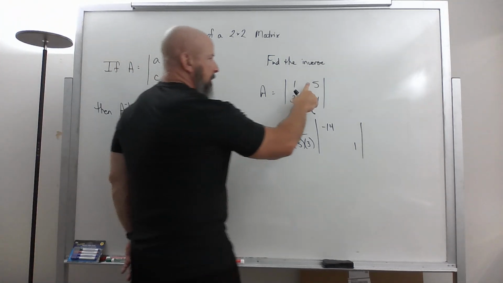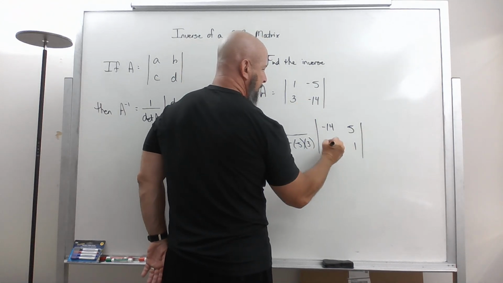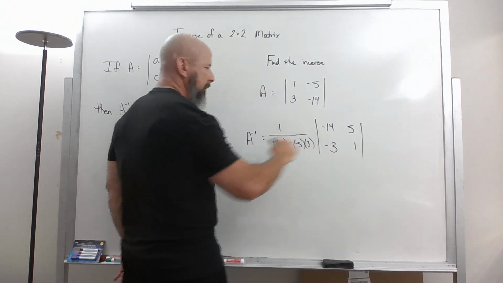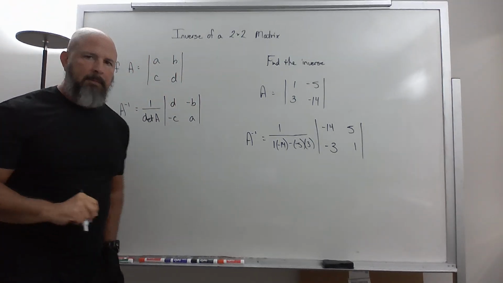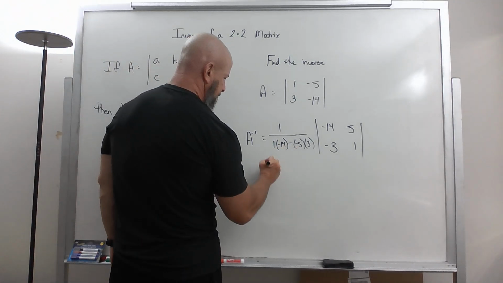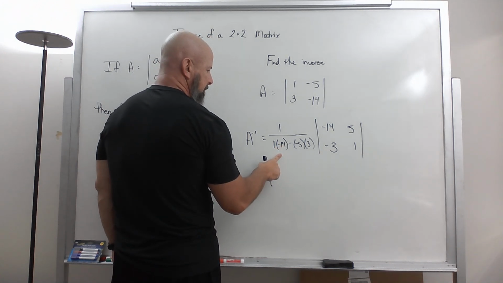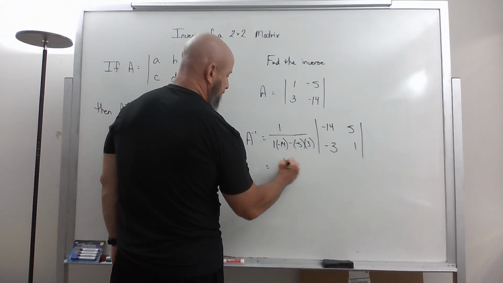So it was originally a -5, switches signs, it's now a +5. Originally a 3, it's now a -3. So I need to go get this determinant value. Let's see, that would be -14 plus 15. That's just going to be a 1.